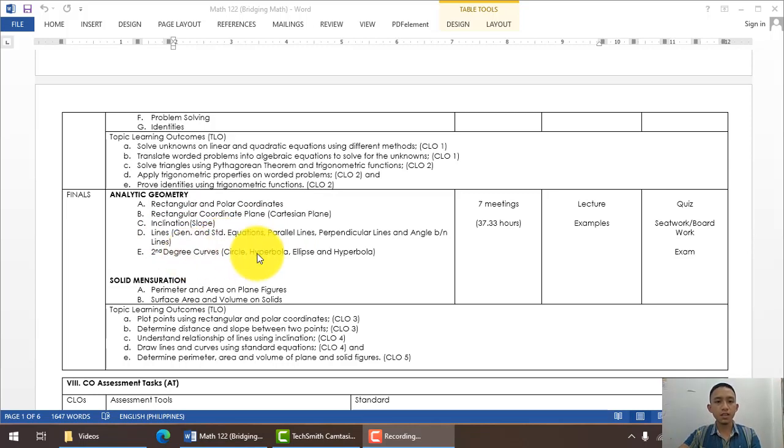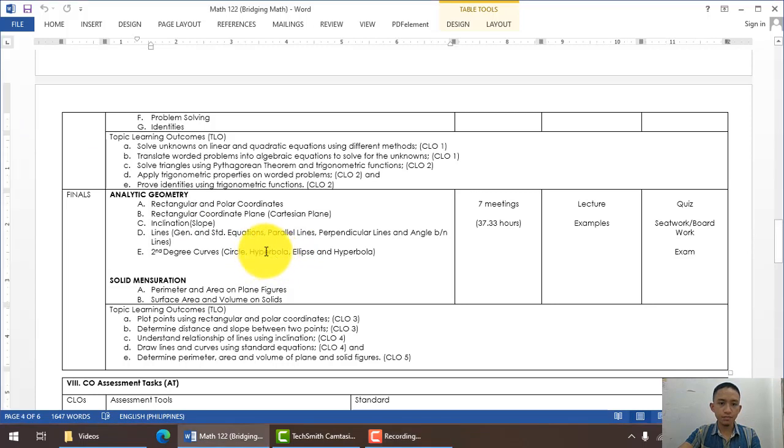And then second degree curves, these are now your circle, hyperbola, ellipse, or parabola. Okay, sorry, that should be parabola. Okay, let me just change that one. Parabola. Okay, so that is your parabola.